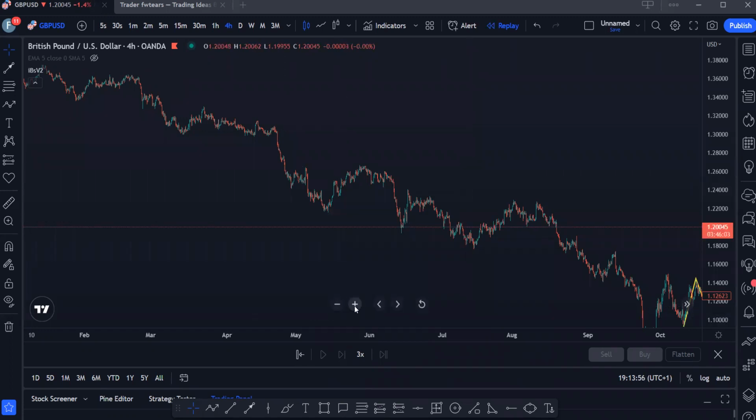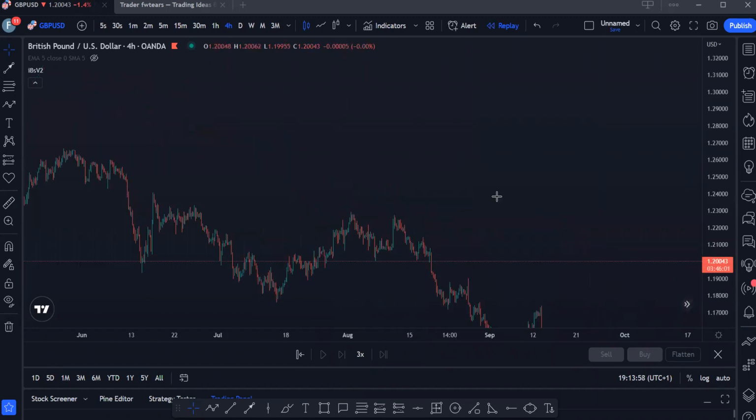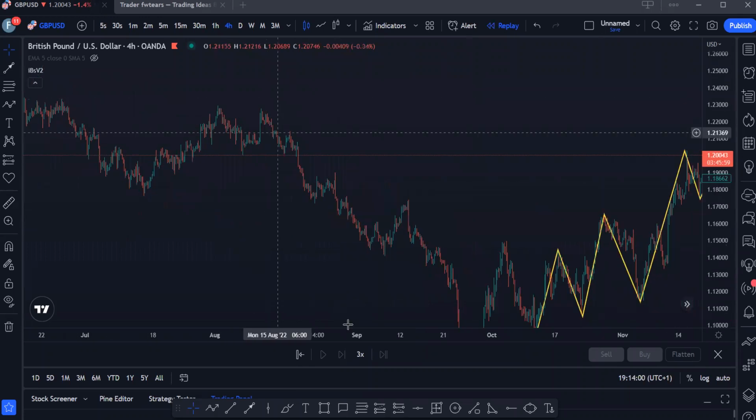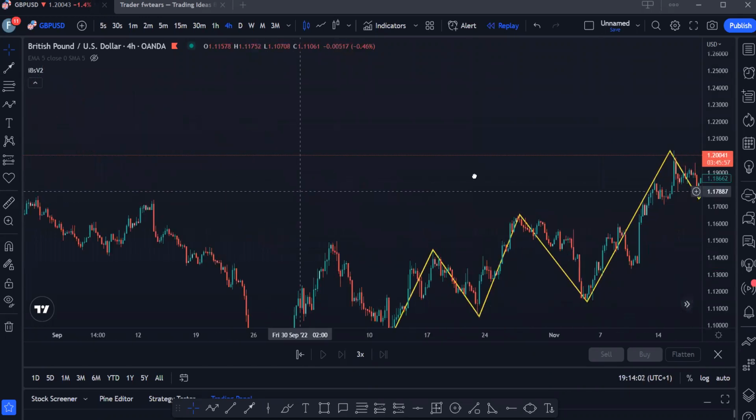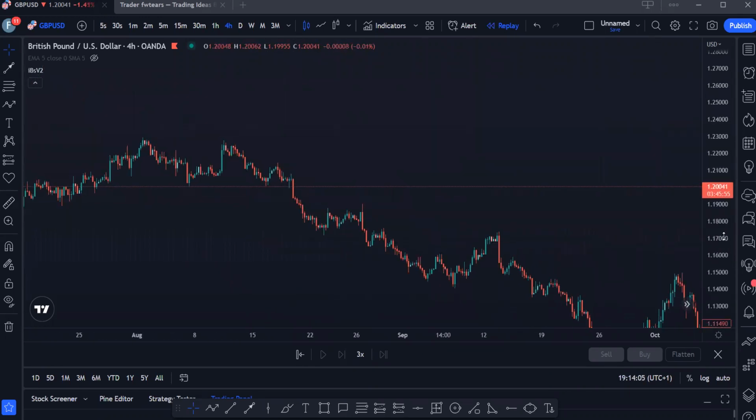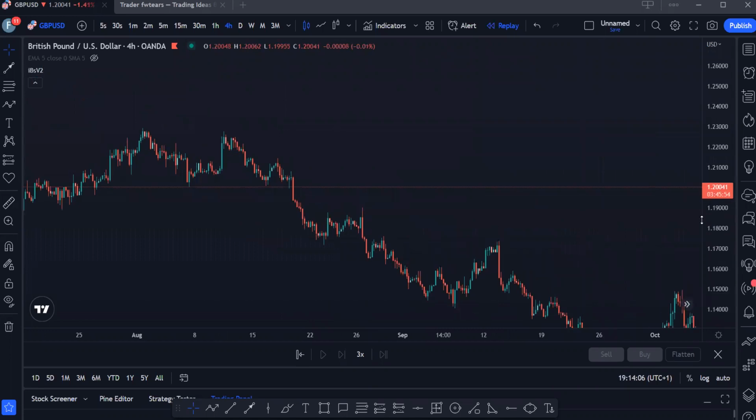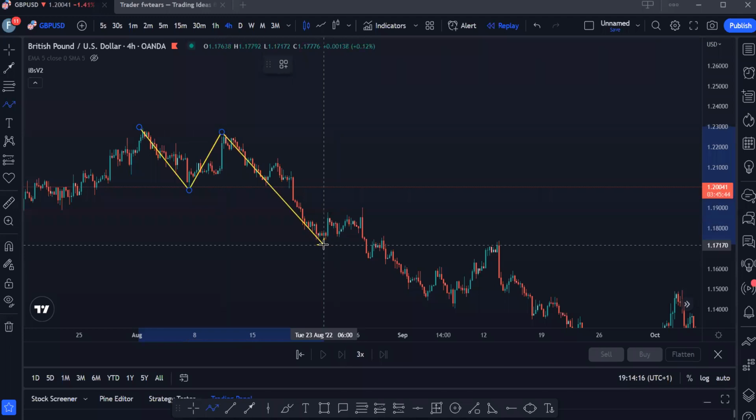Let me skip some parts because of time, and let's do this from here. Over here, what can we see? You have an impulse move, correction, and impulse.